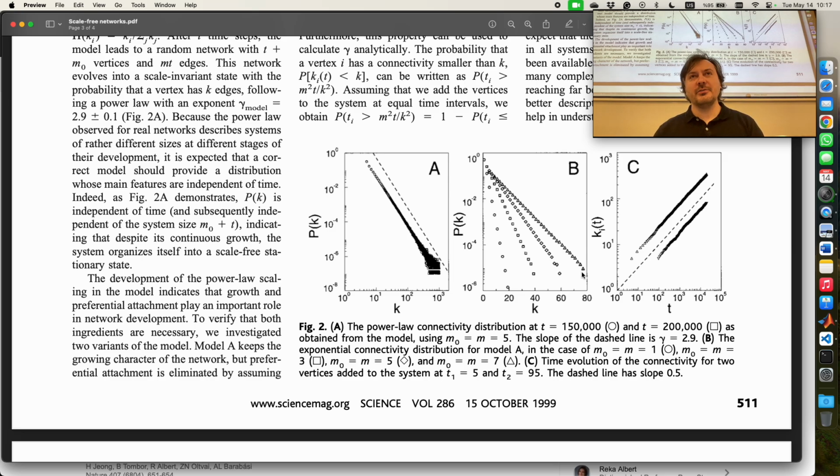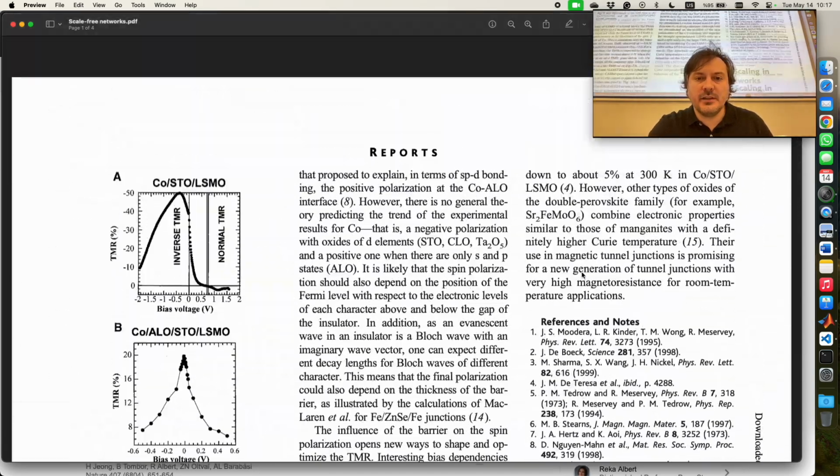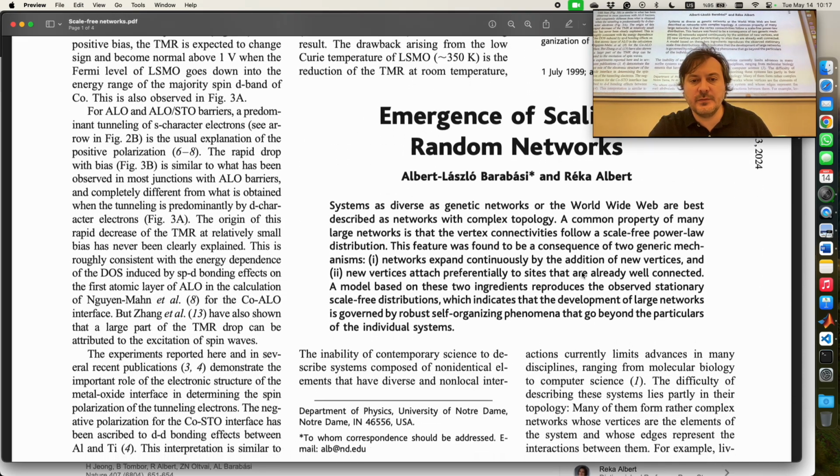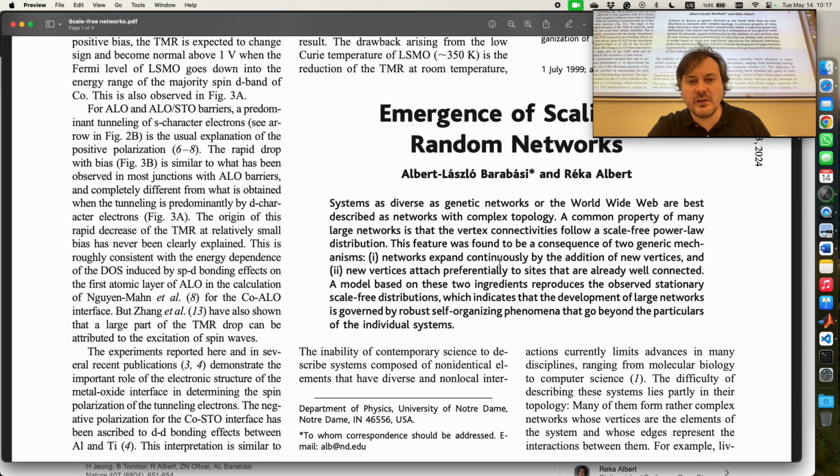But they figure out the fundamental process that would lead to this. Okay, and they realize that you need 2 things. Network expand continuously by addition of new vertices. So this is a quite unphysicist idea, because physicists, when you give physicists a system to investigate, they usually want the system to have already n particles.